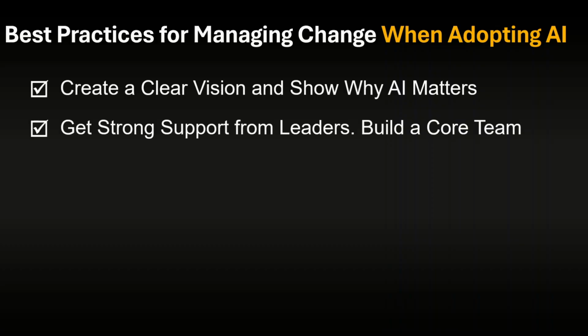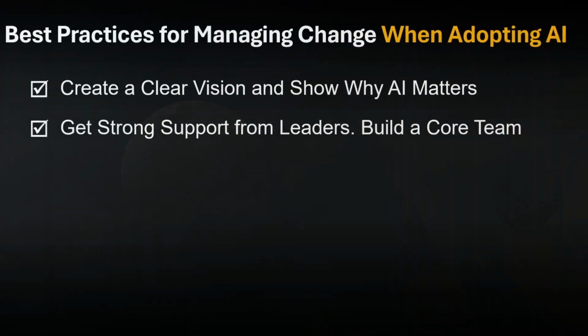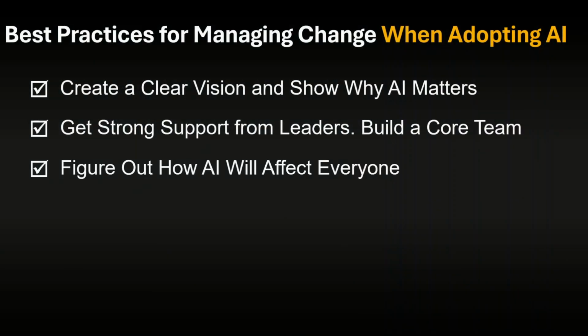You want to build a strong change champion network. Your leaders have to show visible support for the AI implementation in order for employees to increase their decision to adopt that AI.